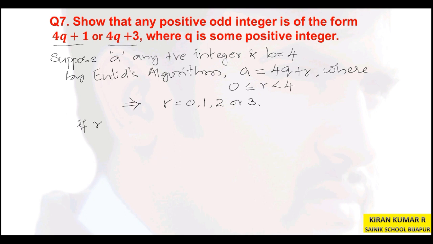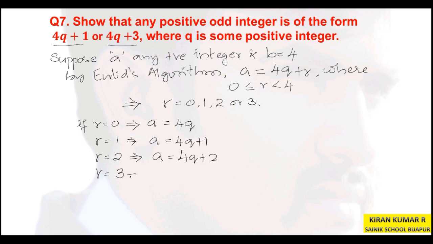If the value of r is taken 0, then the expression a becomes 4q. If the value of r is 1, then the expression becomes 4q plus 1. For r equal to 2, a becomes 4q plus 2. For r equal to 3, a becomes 4q plus 3.